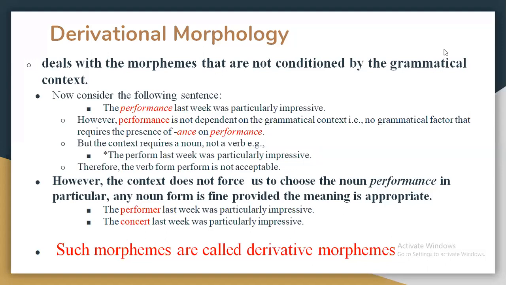Okay, let me again and again repeat the same thing, right? In this sentence, look at here, the performance last week was, what do we need? Structure is subject and verb and object, right?